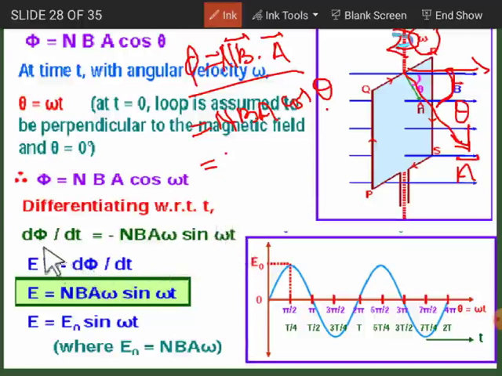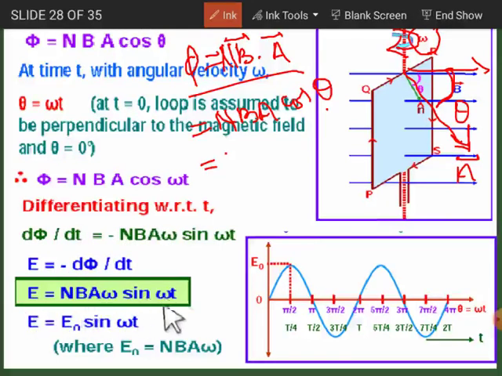So d phi by dt will be equal to minus N B A omega sine of omega t. Now we know that induced EMF is equal to minus d phi by dt, from Faraday's laws of electromagnetic induction, and this minus is due to Lenz's law. So with this minus and this minus, it will become plus, and your induced EMF will be equal to N B A omega sine of omega t.